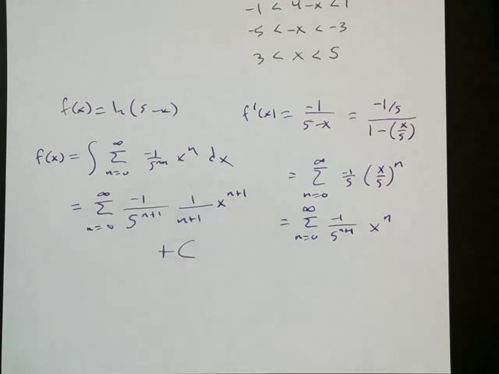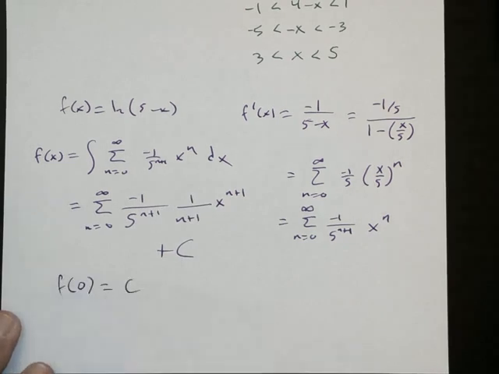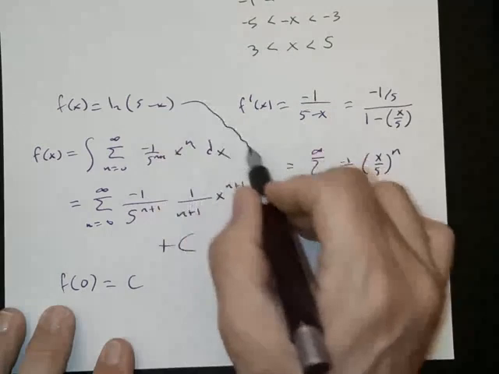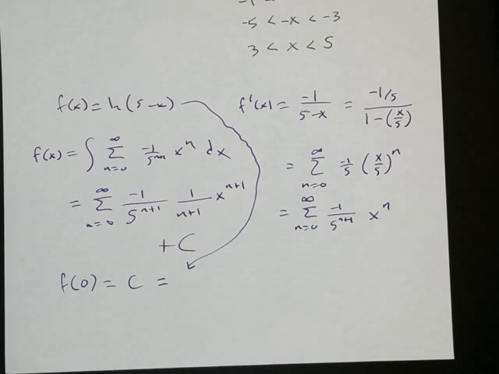If x equals 0, then that whole right-hand side becomes the sum of a bunch of zeros and a C. But what if we plug in 0 at the top? What do I get there? The ln of 5.